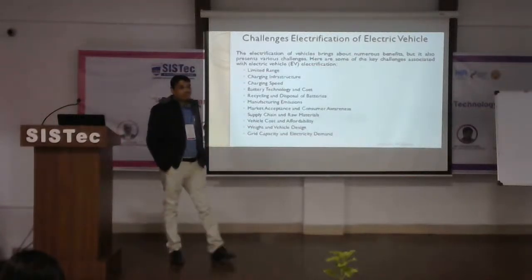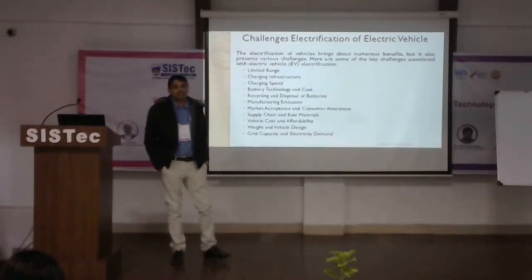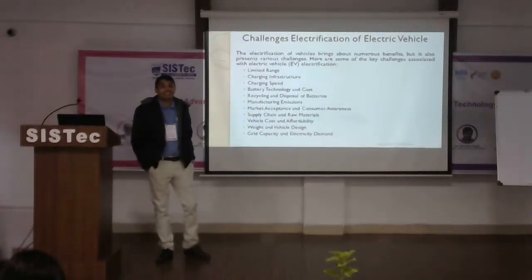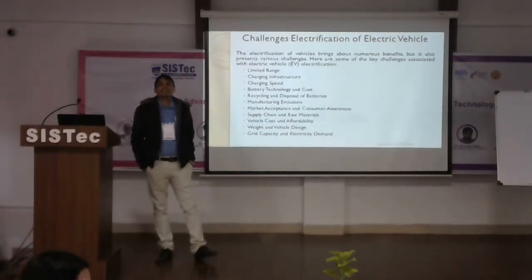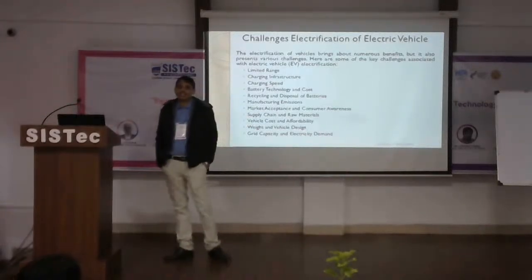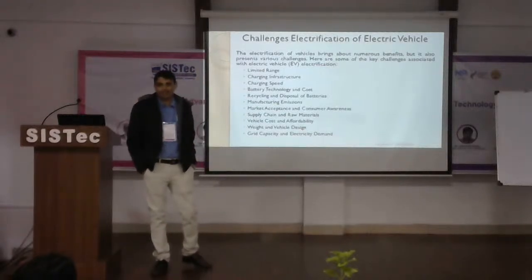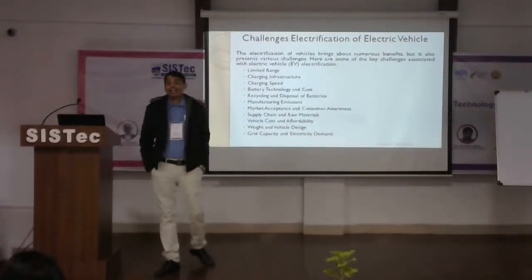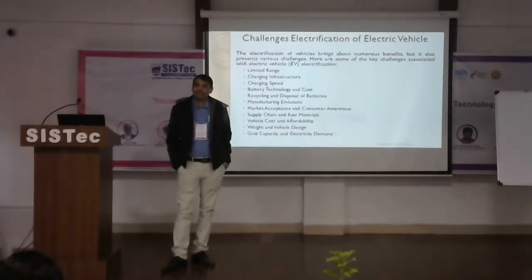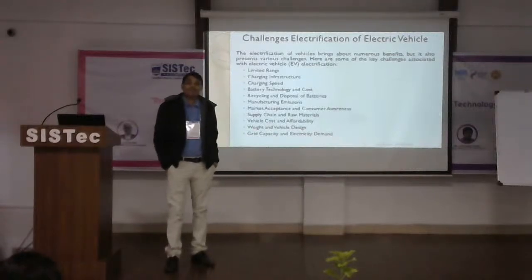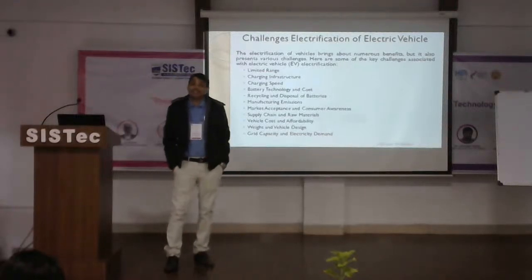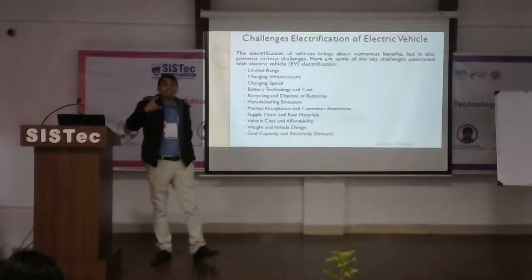Suppose a high capacity charger you are installing in a particular place. So at that time, in that charging duration basically, the demand will be more. Suppose आप charger की बात करें, एक जो charger है जो off-board charger है, that takes a 7 ampere current at a time. But an on-board charger will take 60 ampere at a time. So you know that capacity will be more. So in that time, the demand on that section will be high. Getting my point? So for a very short duration, the demand will be high.